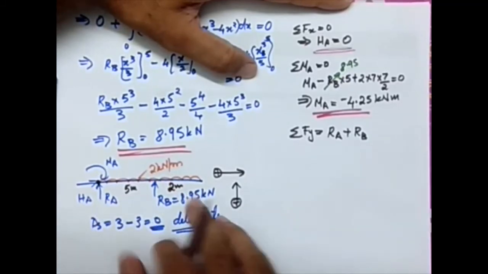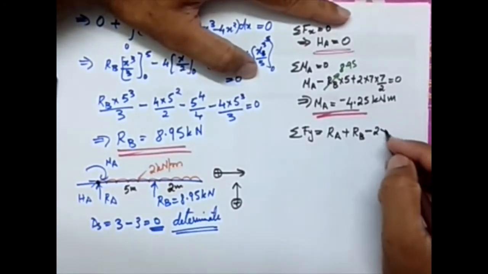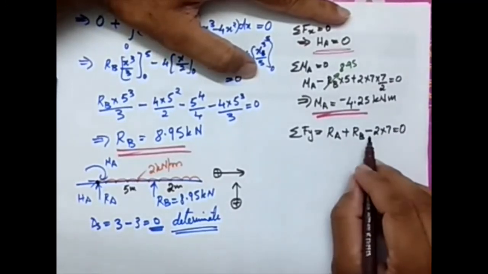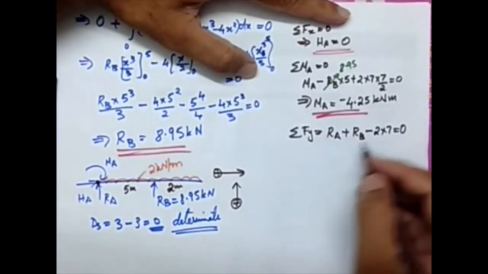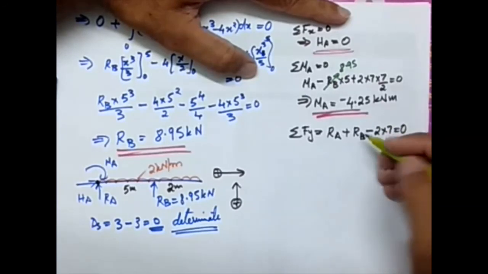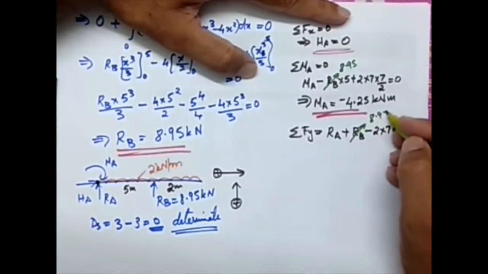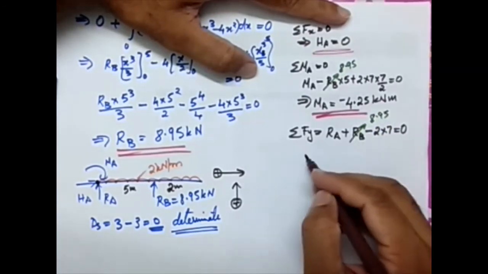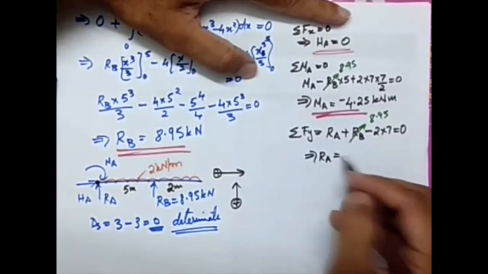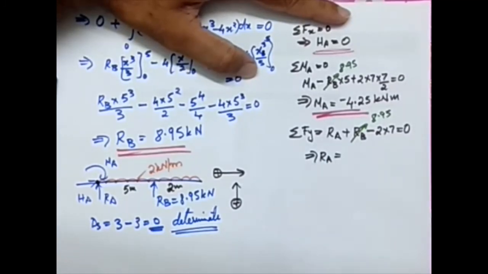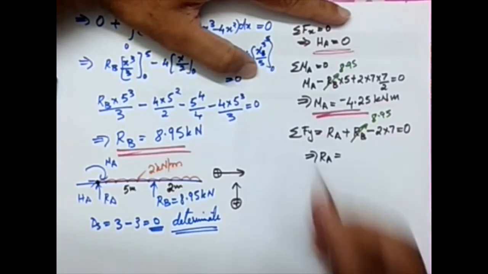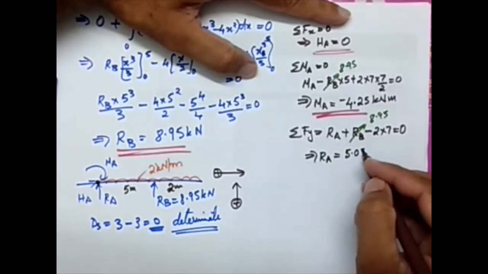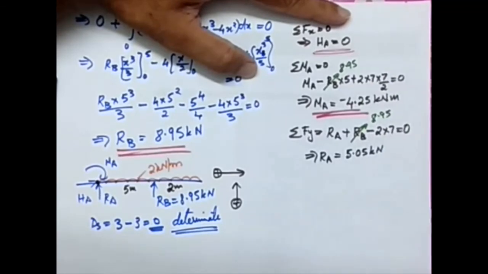So this is 7 meter. So 2 times 7 equal to 0, negative because it is acting downward. The value of RB is already available with us, which is 8.95. So we can calculate the value of RA. RA is going to be, we are going to get it as 5.05 kilonewton.